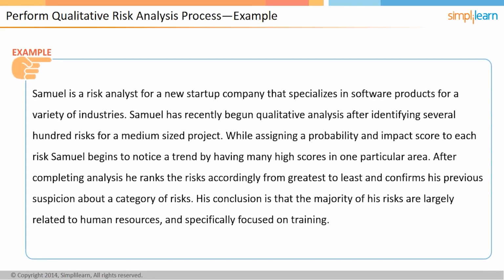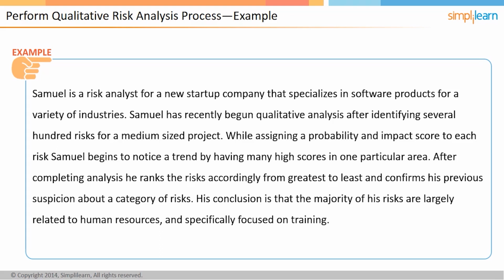Samuel is a risk analyst for a new startup company that specializes in software products for a variety of industries. Samuel has recently begun qualitative analysis after identifying several hundred risks for a medium-sized project. While assigning a probability and impact score to each risk, Samuel begins to notice a trend by having many high scores in one particular area.